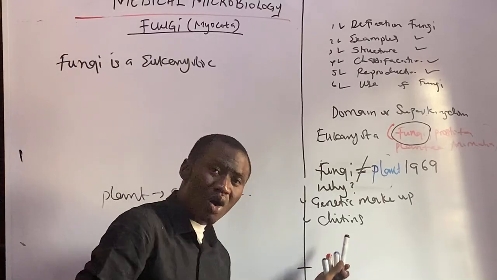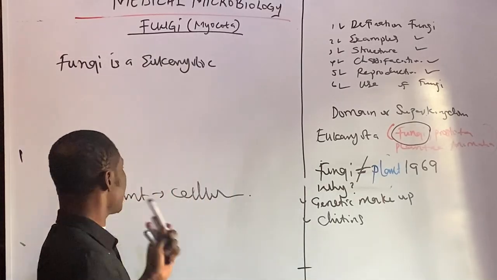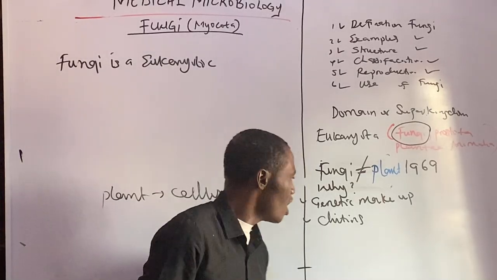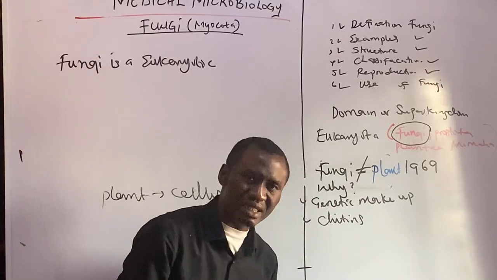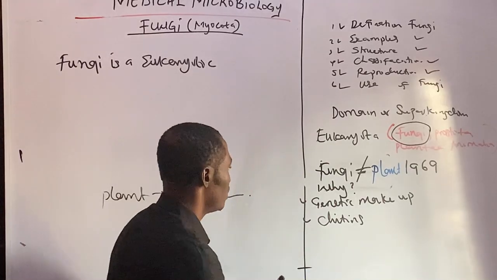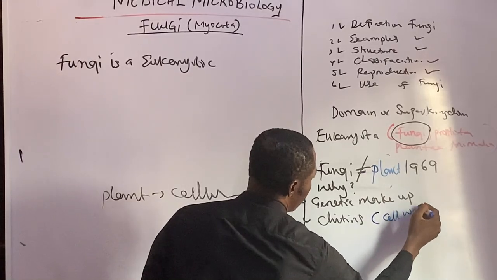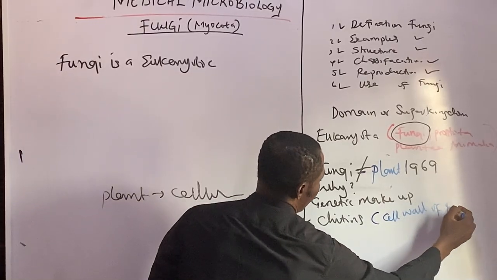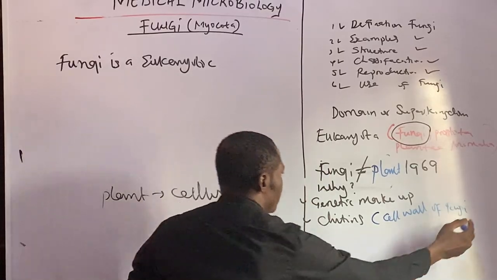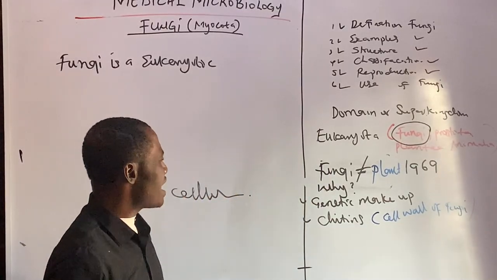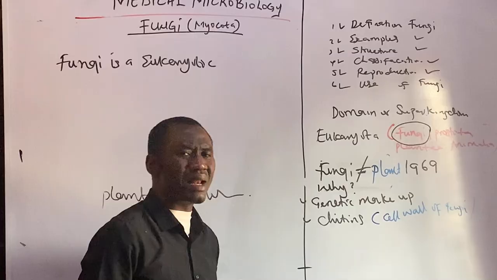Fungi cell wall is made up of chitins, while plant cell wall is made up of cellulose.